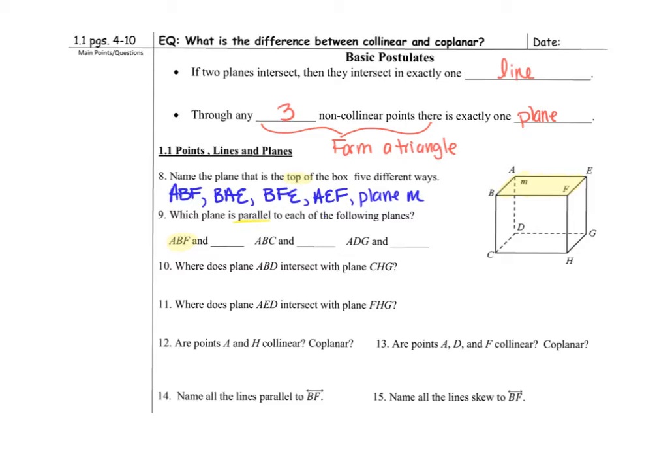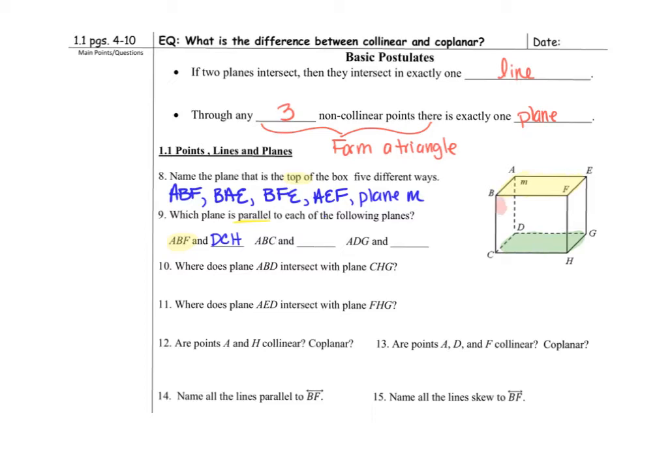So ABF would be parallel to DCH, which is your bottom plane. So it's like the top of the box and the bottom of the box. Those 2 planes would be parallel. If we look at plane ABC, ABC is going to represent this side right here.